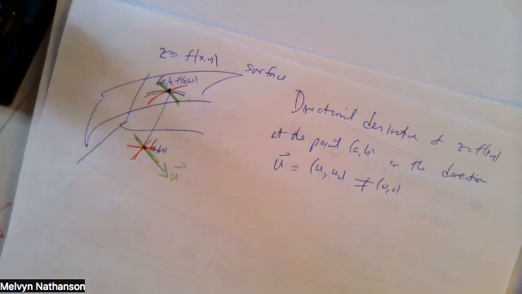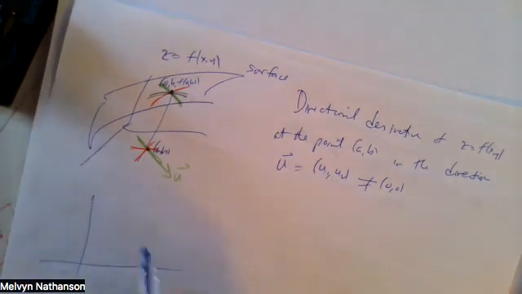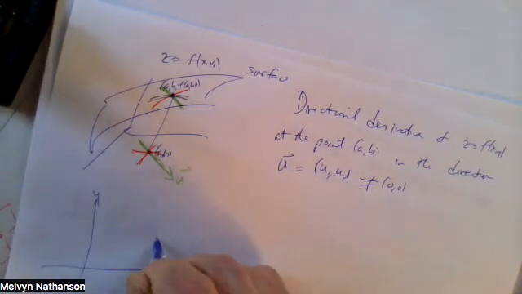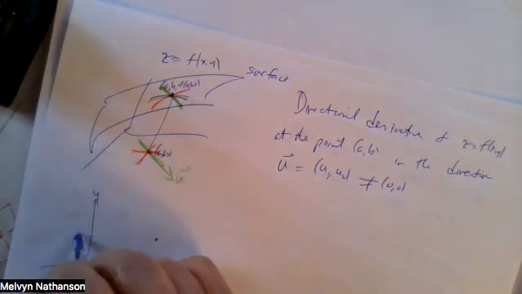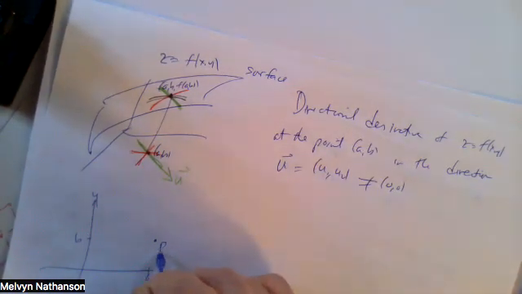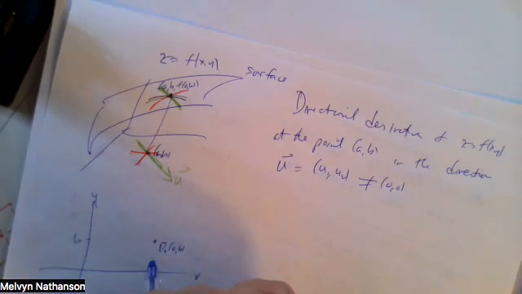So if you're looking at the xy plane, you would have the point A, B and you have a certain direction u.